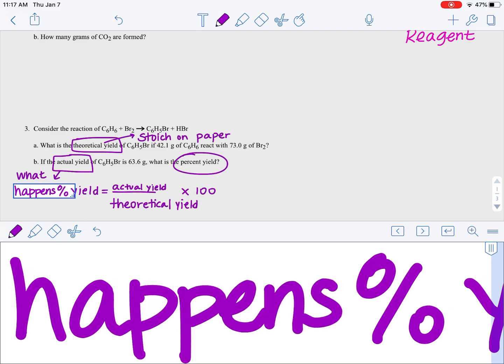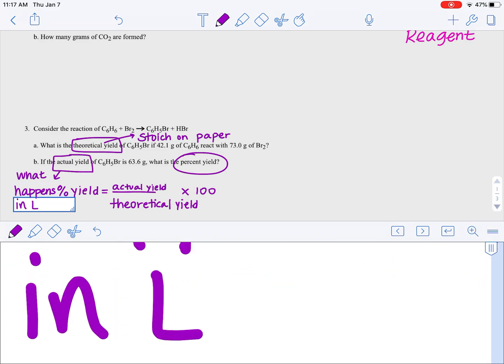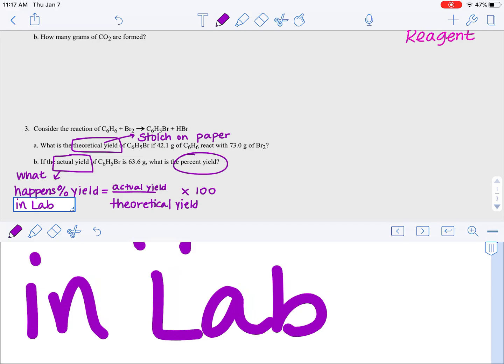I know we haven't done any labs ourselves this year, but if you think back to your previous experiences in lab, sometimes things spill. Sometimes there's splattering. Perhaps some of the residue is left behind in a beaker as you're pouring the contents from a beaker into a graduated cylinder, let's say.